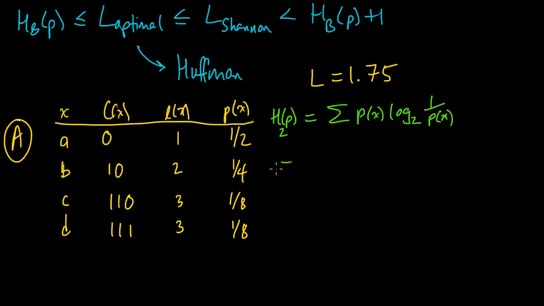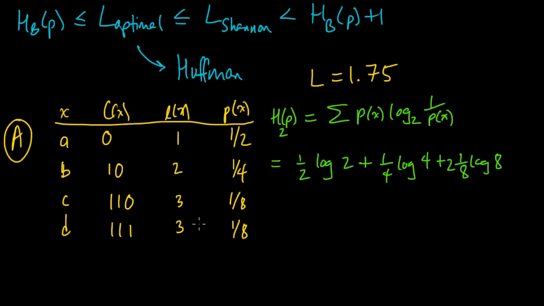So this is just 1/2 log base 2 of 1 over 1/2, which is 2, plus 1/4 times log 4, plus 1/8 log 8 plus 1/8 log 8, so that'll just be 2 times that.